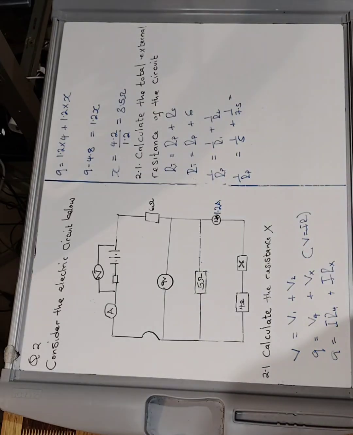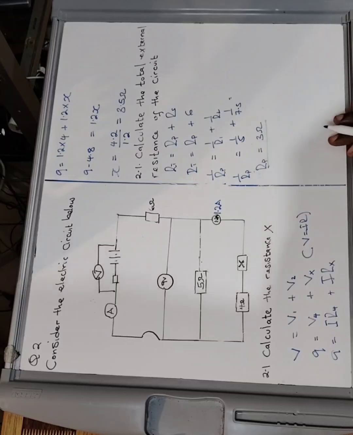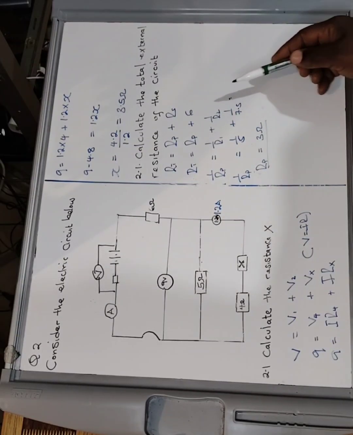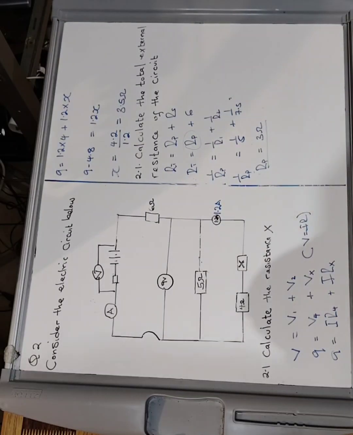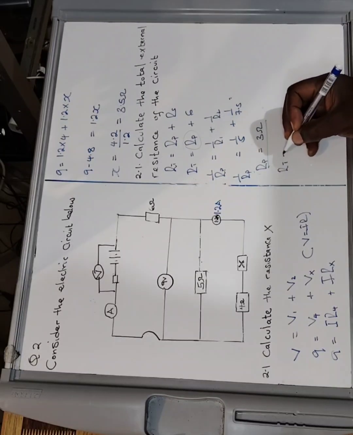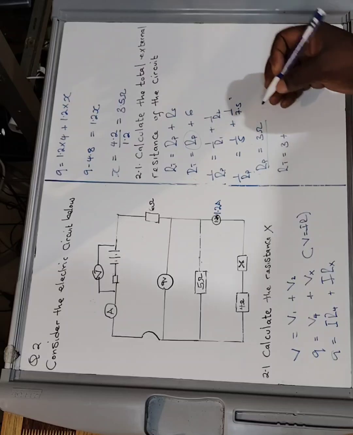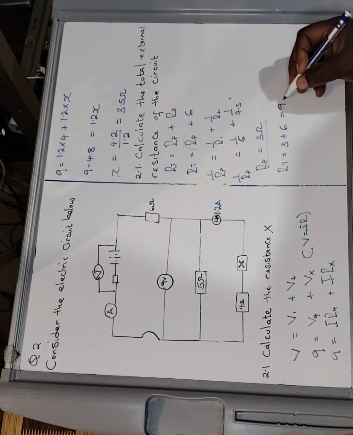Okay, let's see what we can do. So we know now the parallel resistance is 3. We substitute it in the equation, and we get the total external resistance. So RT is equal to RP, which is 3, plus RS, which is 6. You get 9 ohm.